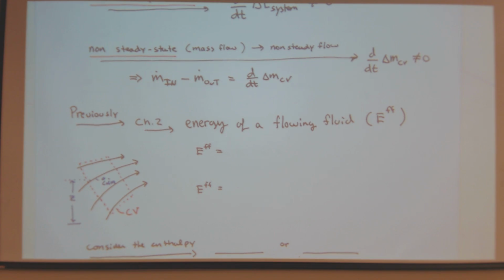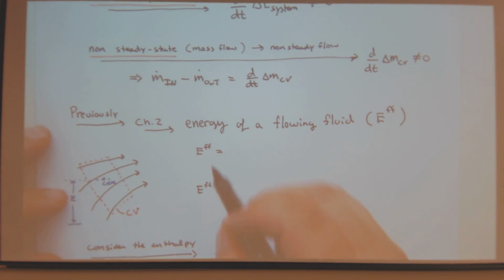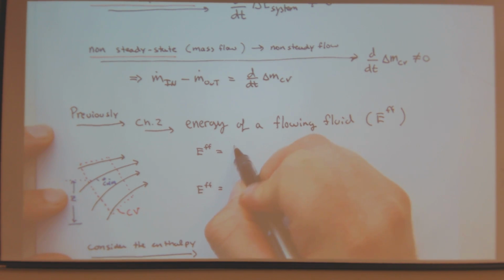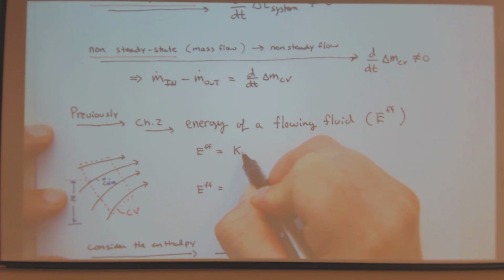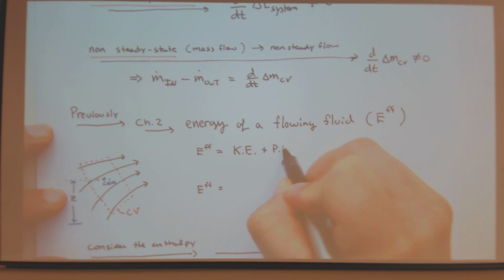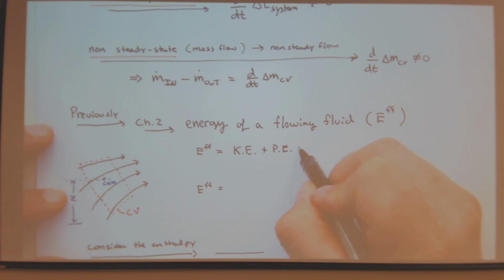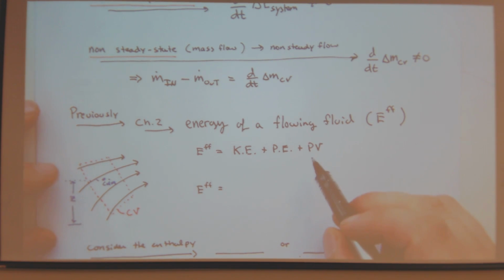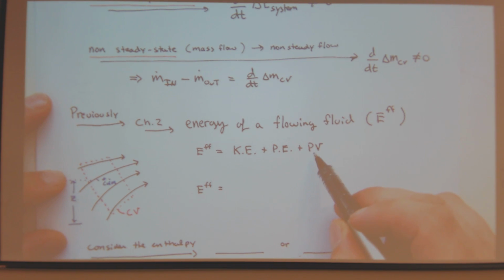So previously in this chapter we dealt with this. I just said this in words: energy associated with a flowing fluid. I have my kinetic energy part plus my potential energy part plus my pressure-volume kind of potential energy part. I think of this as kind of like an internal energy, but this is a pressure-based one.